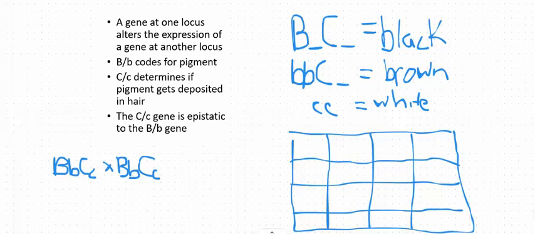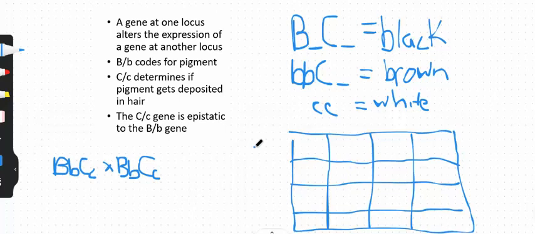So we are going to set this up just like we did the other dihybrid cross, and we are going to assume that each of these parents can make four different gametes, or four different combinations of these two alleles in their gametes.